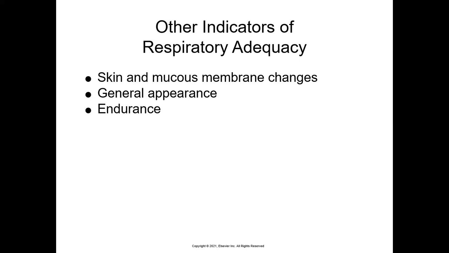Mucous membranes in people who are African American or darker skinned, it can be difficult to see this bluish hue. So other places where we could look to assess respiratory adequacy is going to be the conjunctiva with the eyes and also mucous membranes of the mouth.